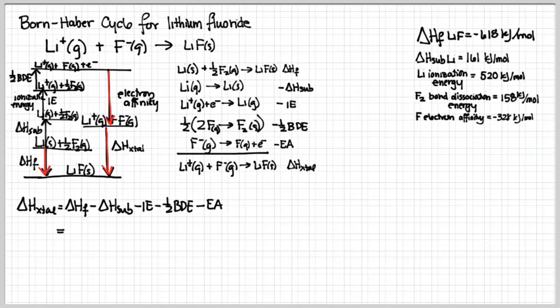And so here, if we add them all up, we see that the heat of formation is negative 618 kilojoules per mole minus the heat of sublimation, which we said is 161, minus the ionization energy. Oh, we're kind of out of order here. The ionization energy is 520. Let's fix that. Okay, let's do ionization energy, which is 520.